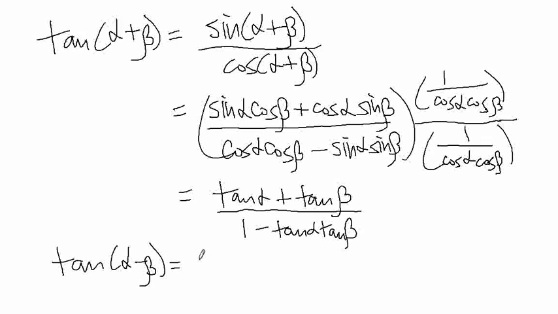And then to get the tangent of alpha minus beta, I'm going to use the right side that I just wrote down, and I'm going to replace beta with minus beta, because I'm going to interpret alpha minus beta again as a sum, alpha plus the negation of beta. So in the numerator, how is the tangent of minus beta related to the tangent of beta?